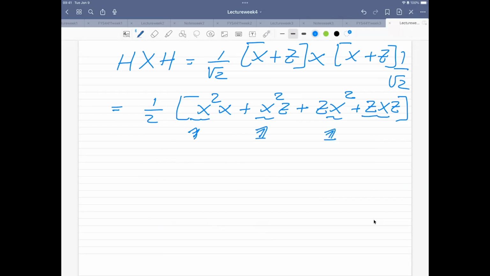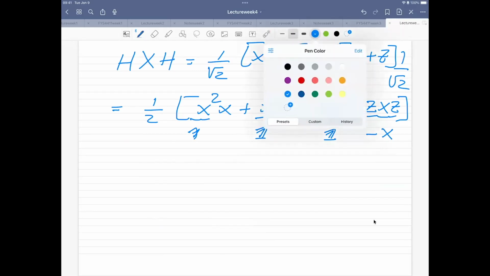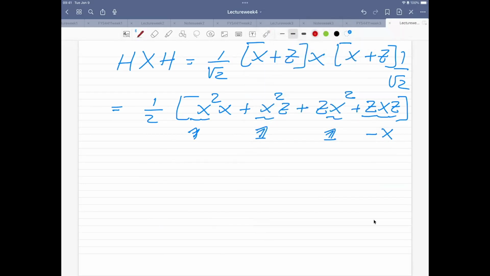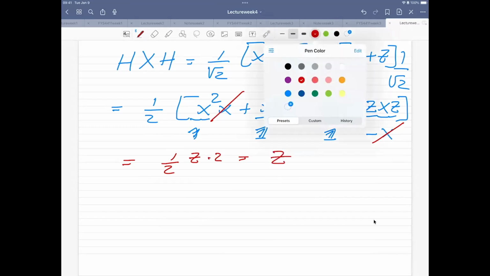Now, this quantity which you have here, Z times X times Z, you can easily see now, if you do the algebra, that this is actually minus X. So when you bring everything together, this term cancels this term. And then we are simply left with 1/2 of Pauli Z times 2. So that's simply a Pauli Z matrix.